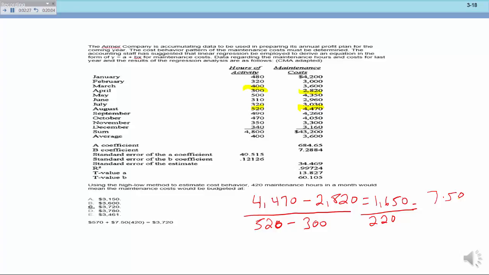Once you get 7.5, then you can figure out your fixed cost, right? The way you get the fixed cost is to take that 7.5 times, and you want to use the high or the low? High, okay, so that's going to be times what? 520, and we're going to subtract that from the total cost at the high, which is what? 4470?